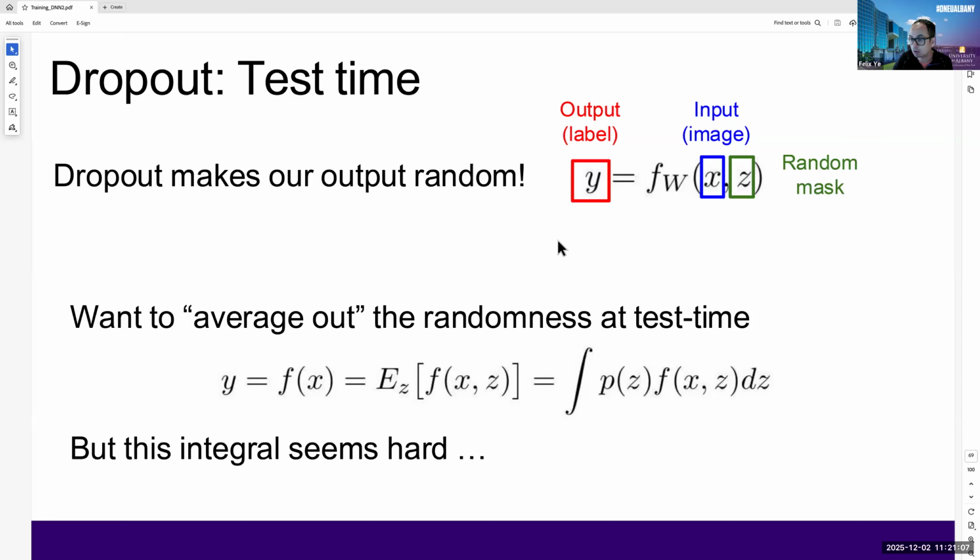But if we change our random masks, my label could change. So what we can do is try different random masks and average out. The whole idea is to average out the randomness at testing time by taking the expectation. But this whole integral seems very hard to do, since you have to try different random masks and then average out.